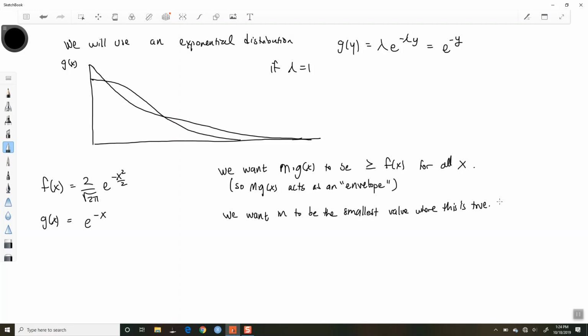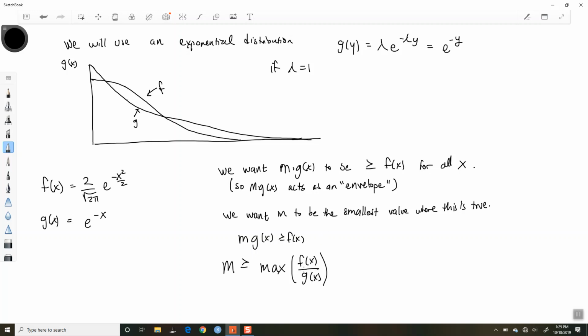Okay. And so what we want is, we're going to set m equal to the maximum of f of x over g of x. Okay, so if this curve is f and this curve is g, we want to find the spot where f is much taller than g.